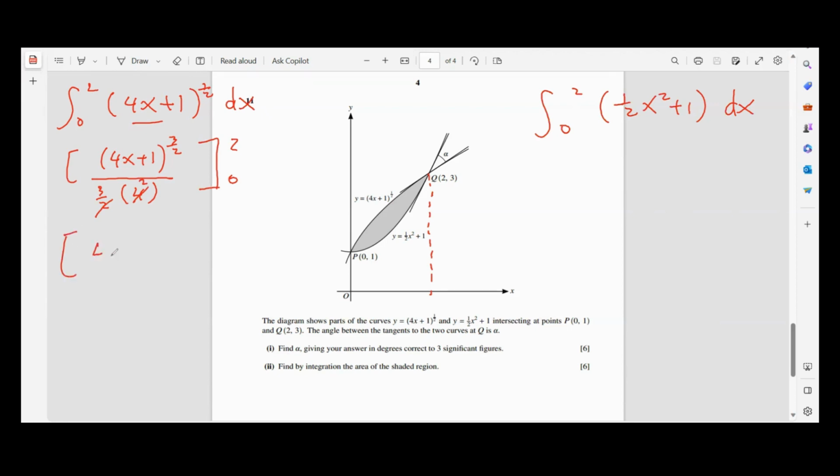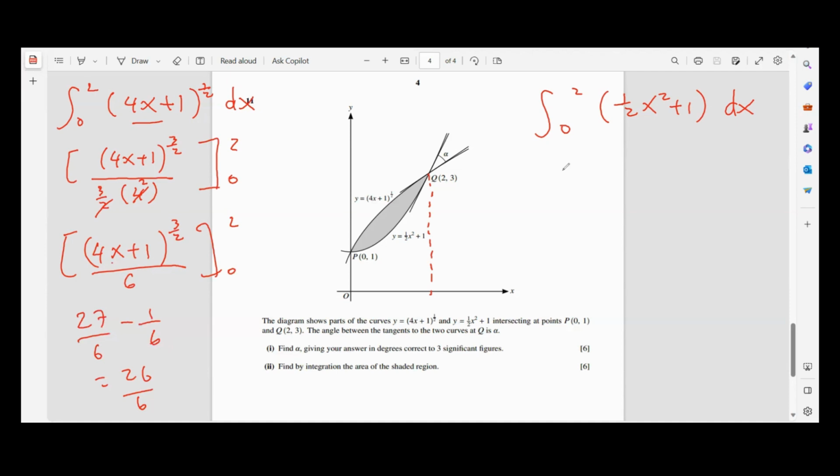So (4x plus 1) to the power of 3 over 6, 0 to 2. Okay, I will put inside 2. 2 times 4 is 8 plus 1, 9, and then 3 to the power of 3, 27 over 6. Then I put 0, minus 0, 1 over 6. So I got 26 over 6.